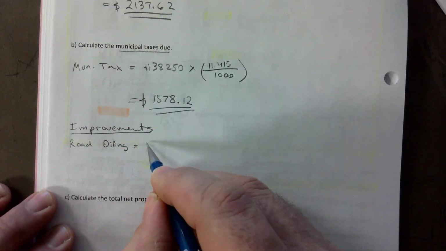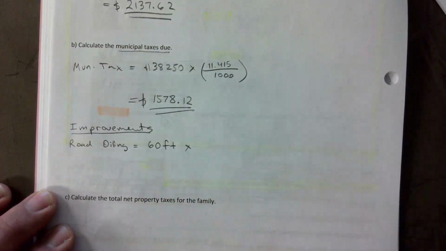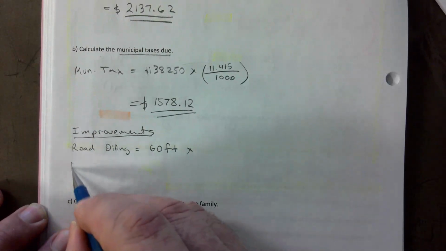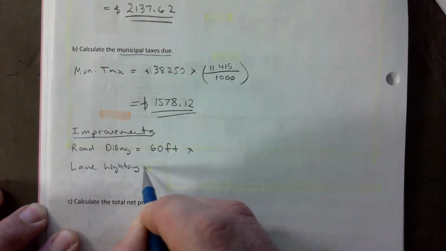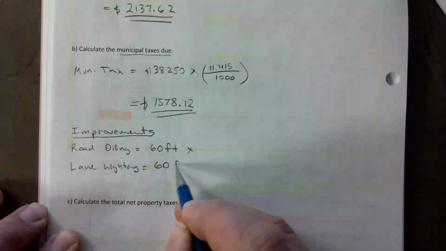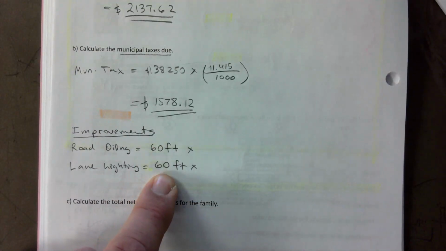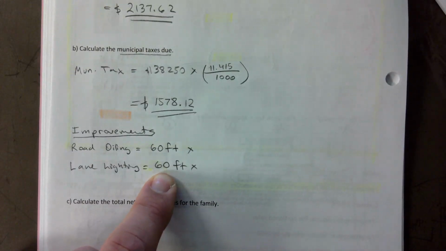We take our frontage, which is 60 feet, and we will multiply it by a rate, which we will have to figure out. Then there's lane lighting, which is also, any improvement is based on how wide your property is. And we're going to go and get those two rates from our table.